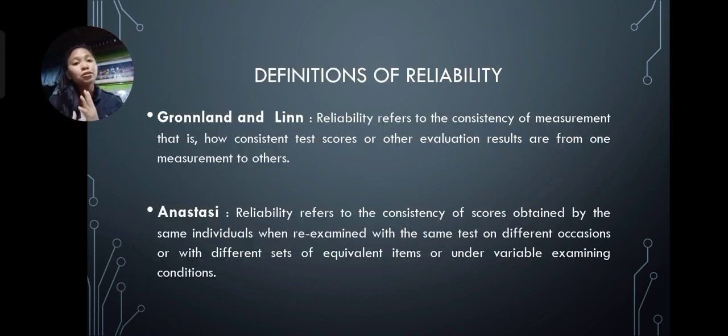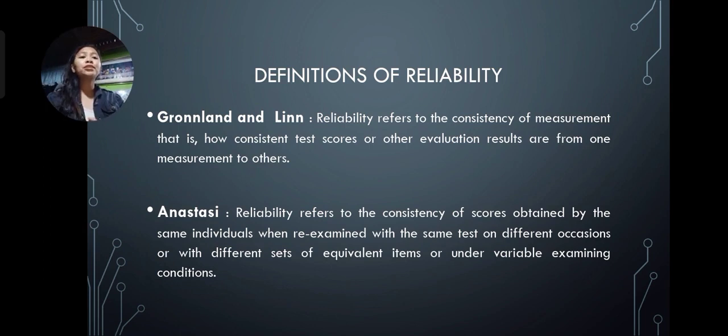The first one is Gronlund and Linn. This refers to the consistency of measurement, that is, how consistent test scores or other evaluation results are from one measurement to another. The next one is Anastasi.